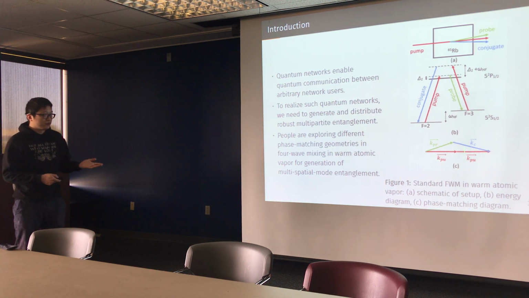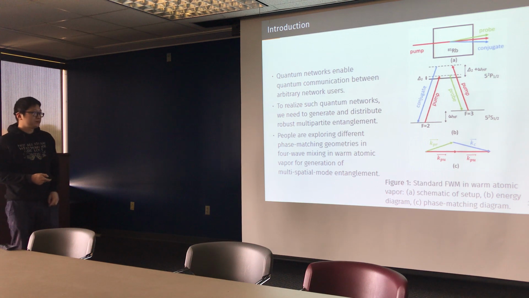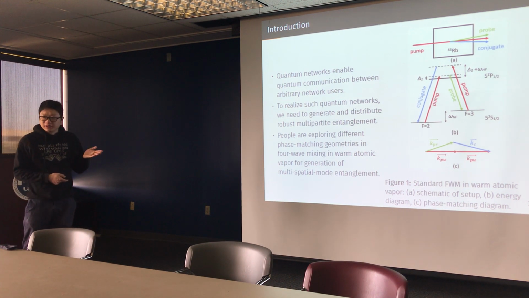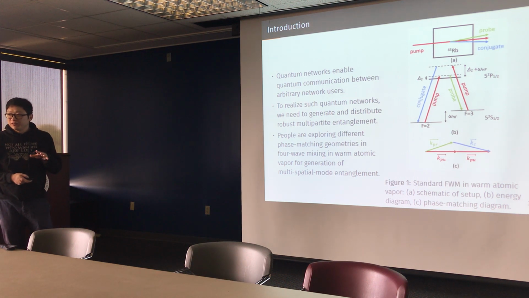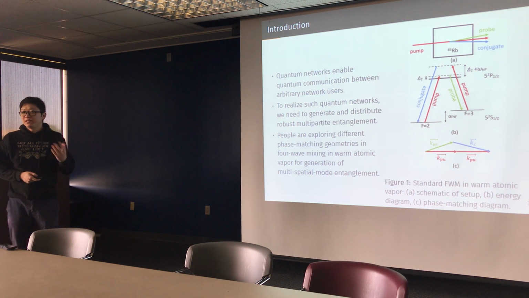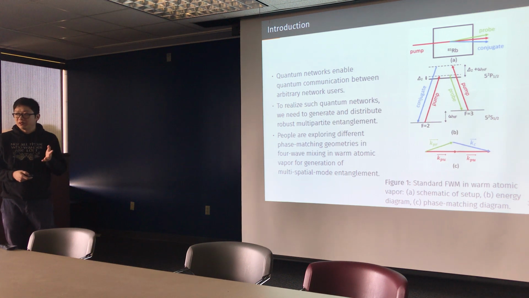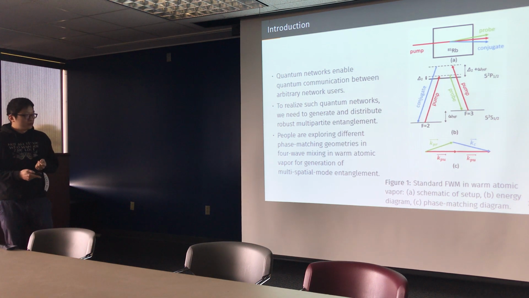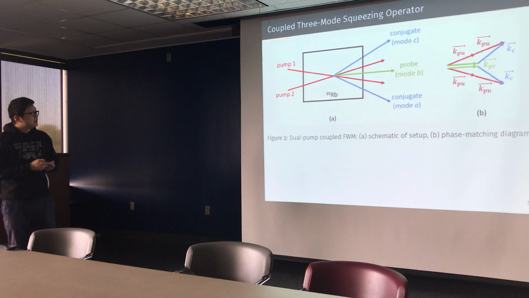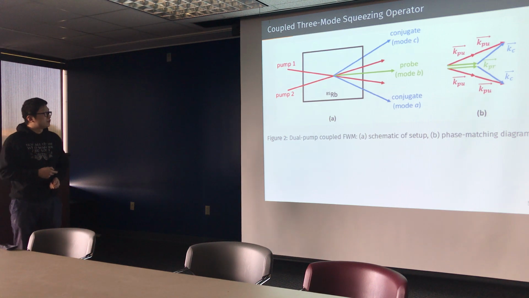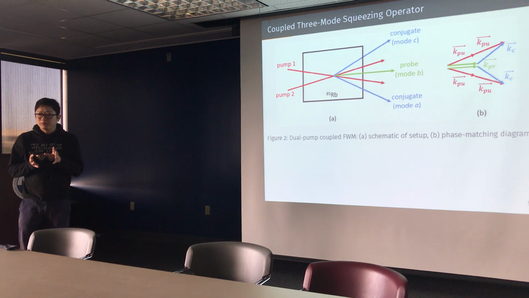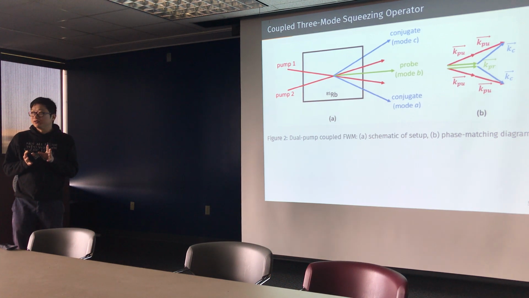Phase matching is equivalent to momentum conservation, and this condition is rotationally symmetric about the pump axis. Realistically, we'll have a cone of output photons, not just two lines like I've drawn here. So let's consider this setup where we have two pump beams, and we align them such that the two output cones intersect at a single line.